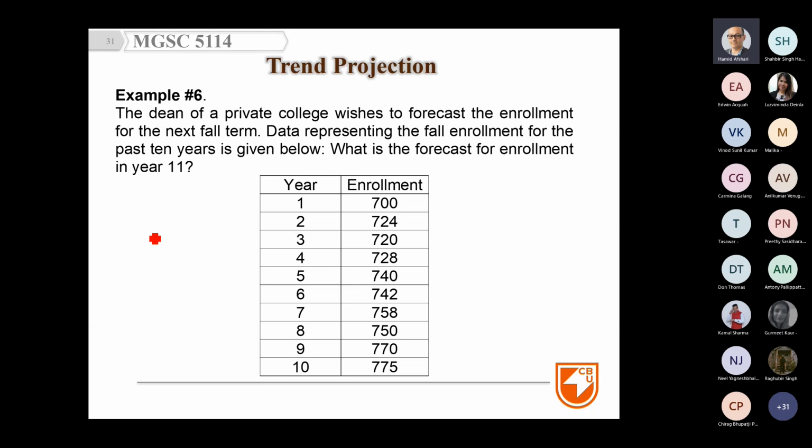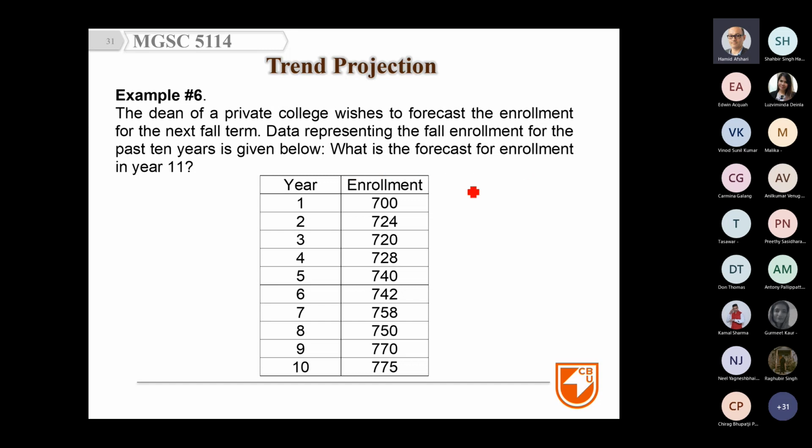Let's solve one example, and using this example, we will learn how to apply it. Let's read the example. The dean of a private college wishes to forecast the enrollment of the next fall term. Data representing the fall enrollment for the past 10 years is given below.